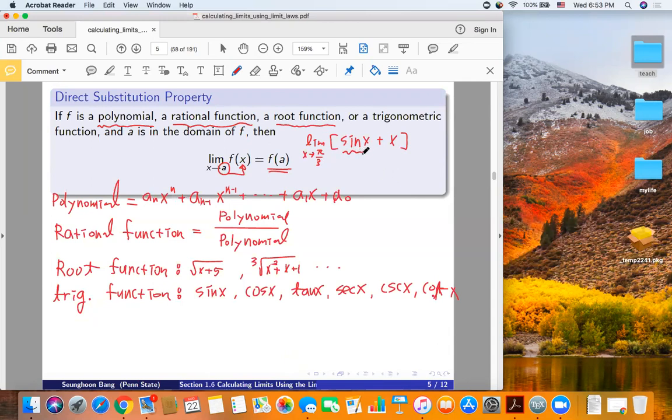The sine of x is a trig function. x is a polynomial. How can you solve it? Only plug pi over 3 into x. So the answer is sine of pi over 3 plus pi over 3. Do you know what sine of pi over 3 is? Could you write the new answer? Do you remember sine pi over 3?